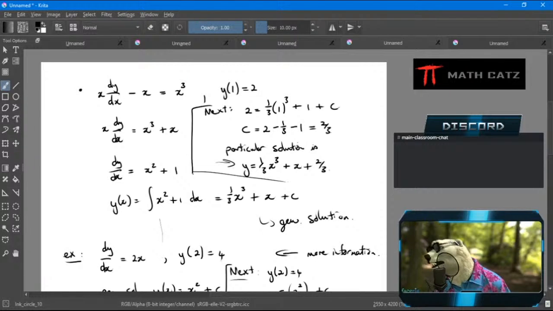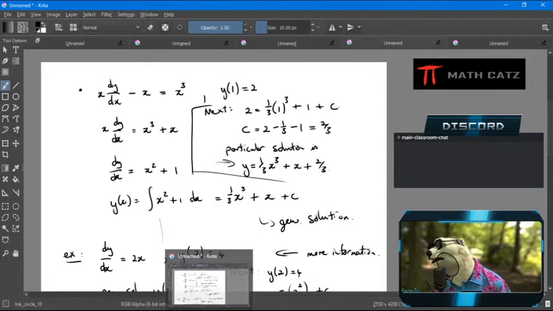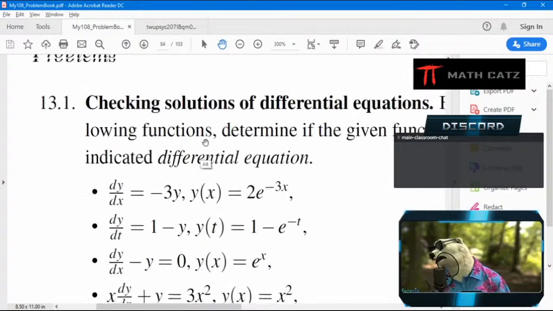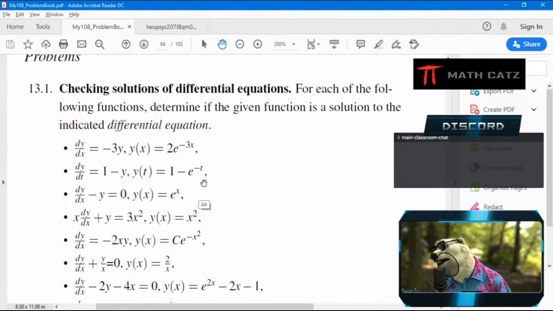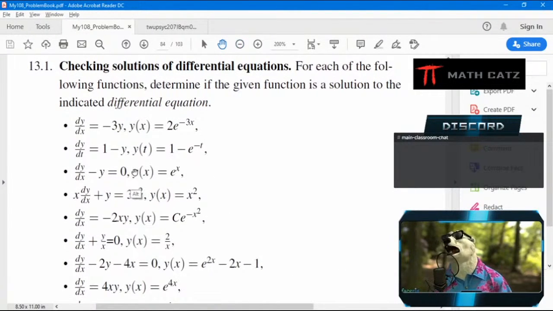So for now, I would recommend you only look at the first set of questions where we are given a potential solution, and I just want to verify if that is a solution to the differential equation or not.